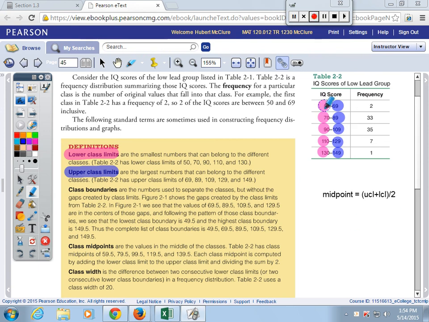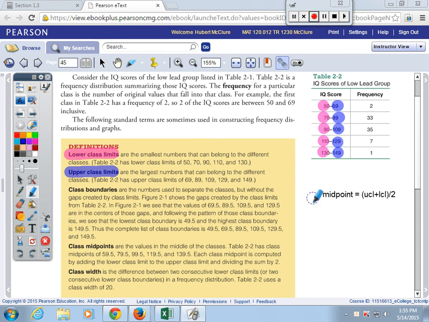So somebody give me the first midpoint. It'd be 50 plus 69.5 and whatever you say. What'd you say? 59.5 would be your first midpoint. Now don't calculate anymore because there's no reason to. I'll show you why.